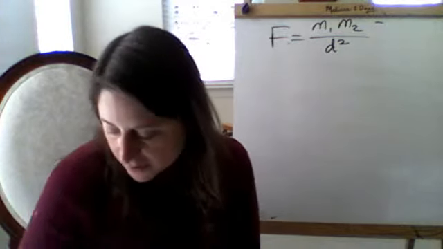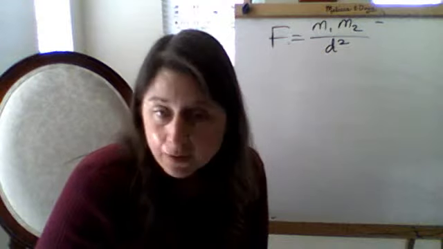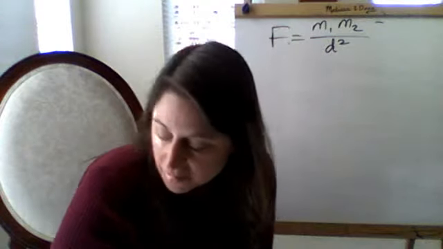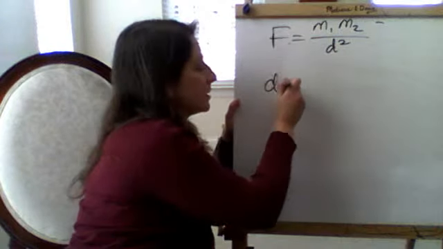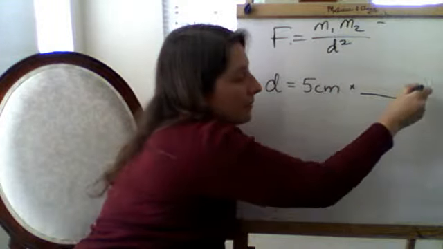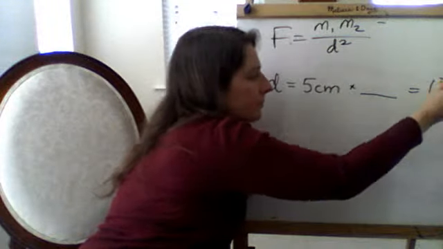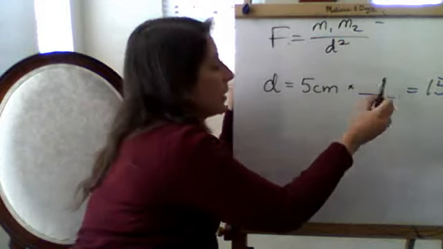The second problem says the gravitational force between two objects is measured when they're 5 centimeters apart. The masses don't change, but the distance between them is increased to 15 centimeters. So distance starts out at 5 centimeters, and then you have to multiply it by that factor of change and get 15 centimeters. So 5 times what is 15?